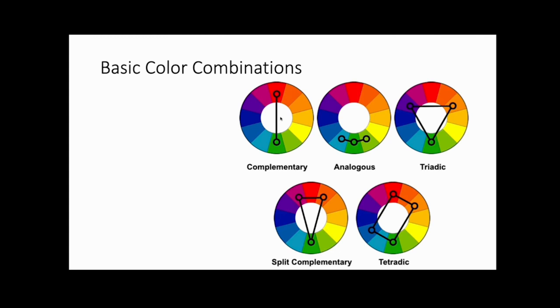We have triadic, which are equidistant in a triangle on the color wheel. We have split complementary, which are just next to the complementary ones. And we have a tetradic, which is a square that is basically 2 complementary colors.